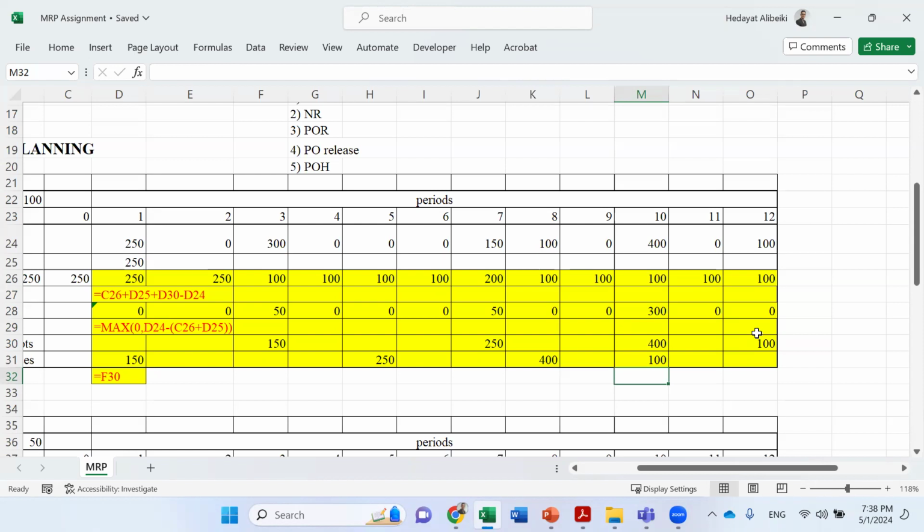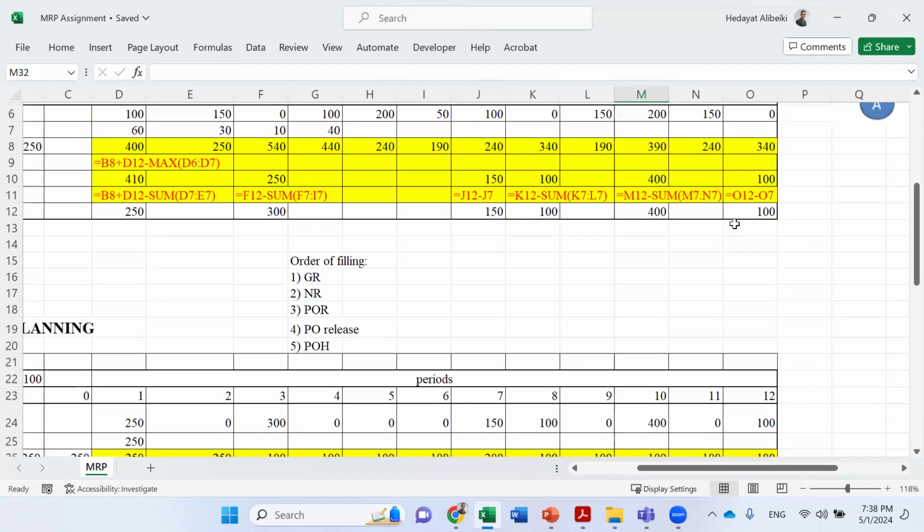So we basically covered lot for lot and POQ, right? The only thing in POQ is the TBO, the equivalent number of periods. That would be EOQ divided by average weekly demand, A in the book.